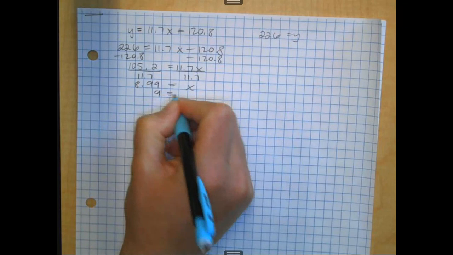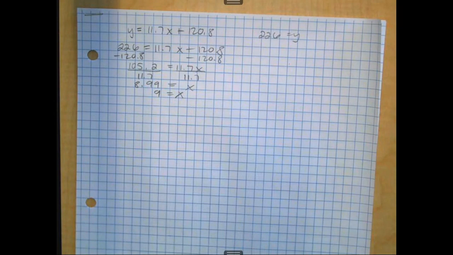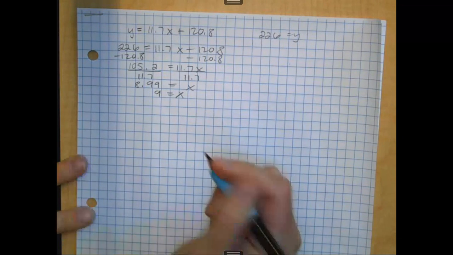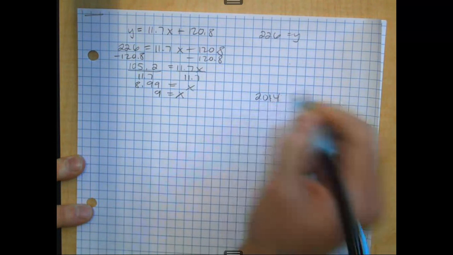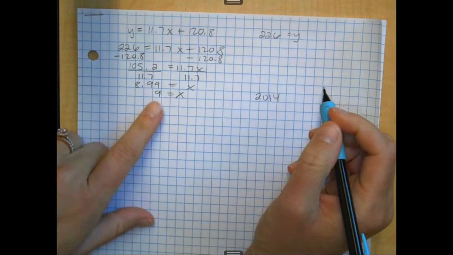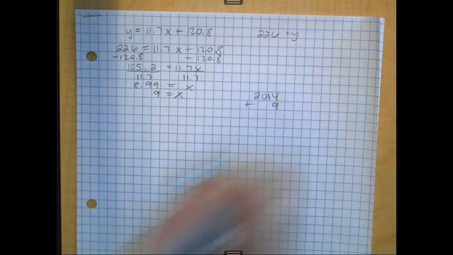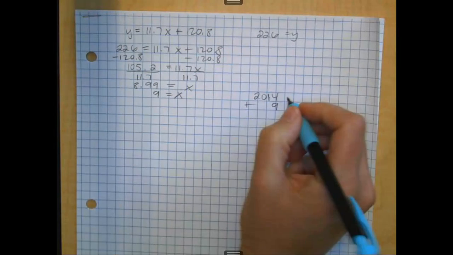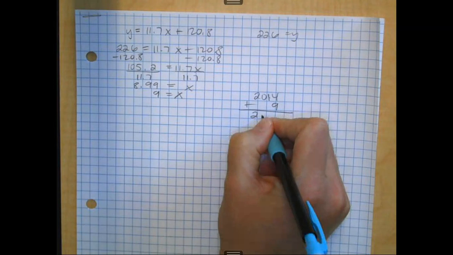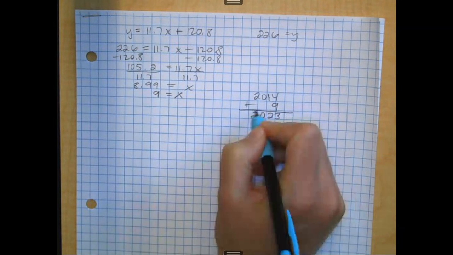which would actually round to x equals 9. So x equals 9 is not the actual answer because we're talking in years. We need to actually determine what the actual year is. So our problem says since 2014, that's what the years represent. So if we count 9 years from 2014, then that will be our actual year that will make that $226,000. So in year 2023, that is our actual answer.